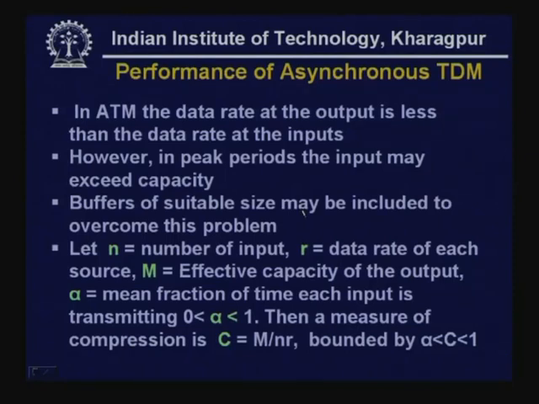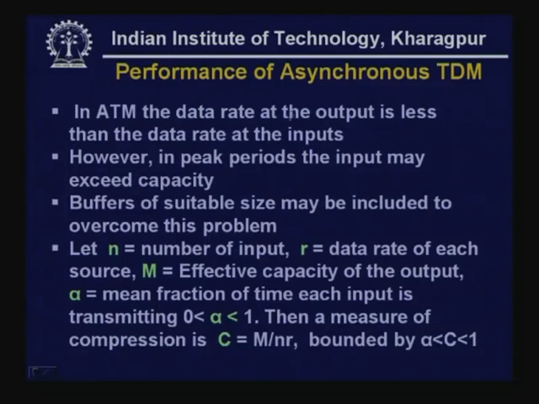And particularly in asynchronous time division multiplexing, the data rate at the output is less than the data rate at the inputs. That is the primary condition for asynchronous time division multiplexing. However, there are peak periods where usually more data is generated than other times. So, in the peak period, that condition may be violated.